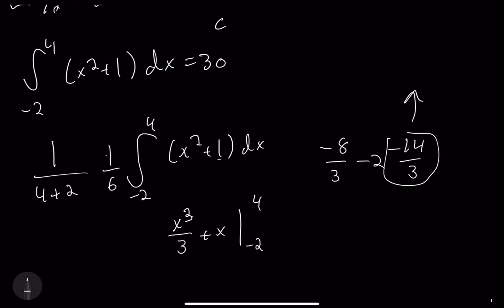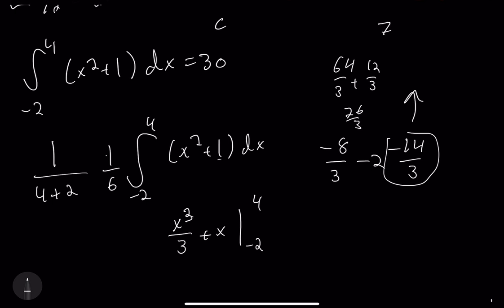So I'll plug that into here. And if you plug in 4, 4 cubed is 64 over 3, plus 4, which is 12 over 3, will give you 76 over 3.